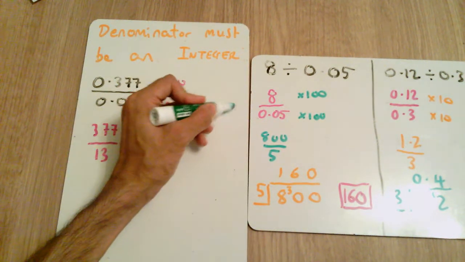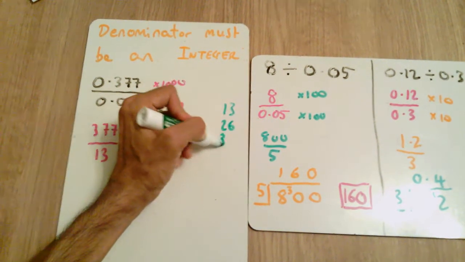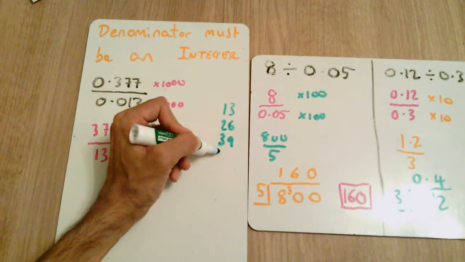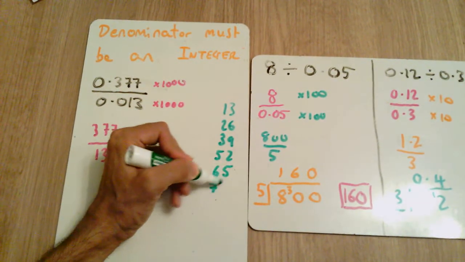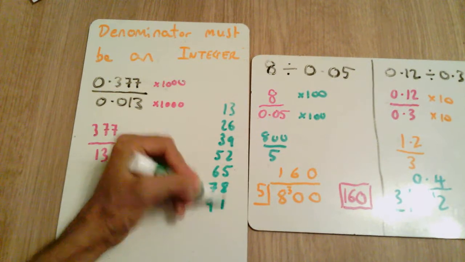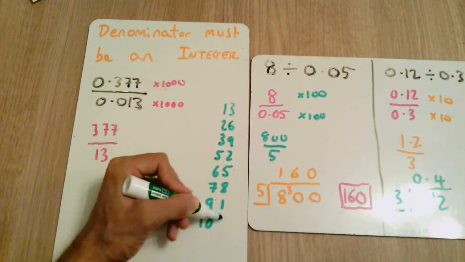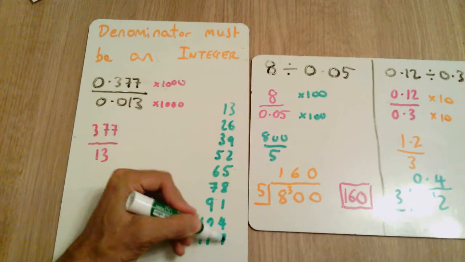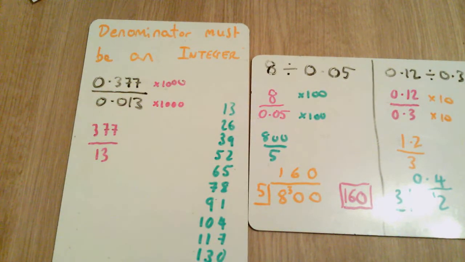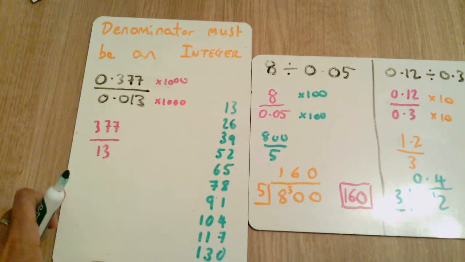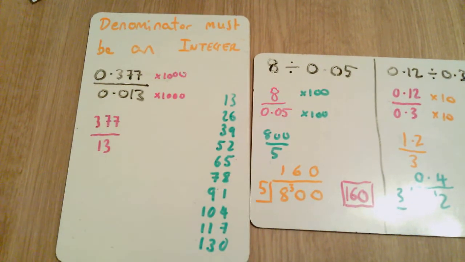If I write down 13, 26, 39, 52, 65, 78, 91, 104, 117, and 130, we now have our full 13 times table available to us when we do our long division.